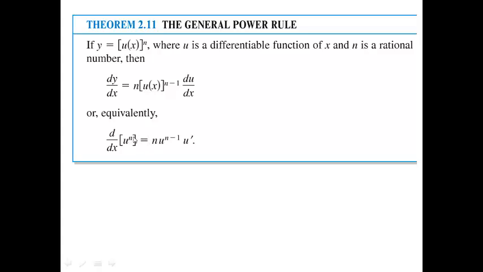That means you're going to take the n, put it in the front, minus 1. And then this part just reminds you, if u is a function, you also have to take the derivative of that and then multiply it to the derivative of that. So we call this a general power rule because there is a chain rule hidden inside of it.